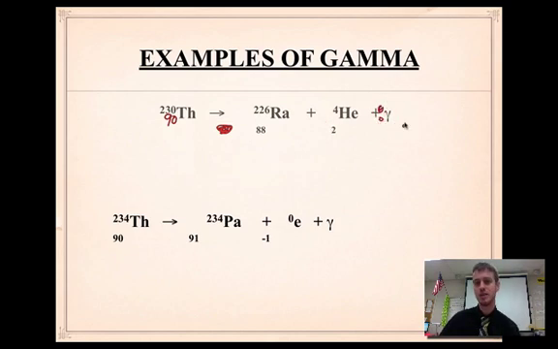You don't see any change in your nucleons because it doesn't have anything to do with those particles. It just has to do with extra energy being released. But this is a beta particle, so first you had a beta decay and excess gamma rays were also emitted.